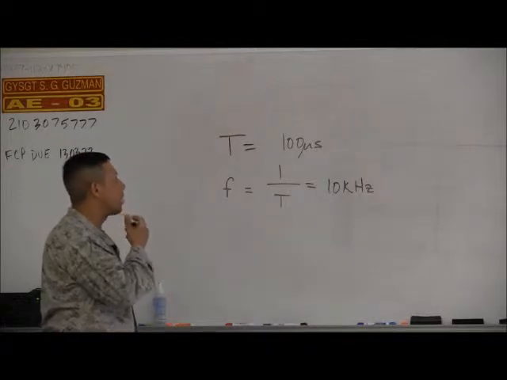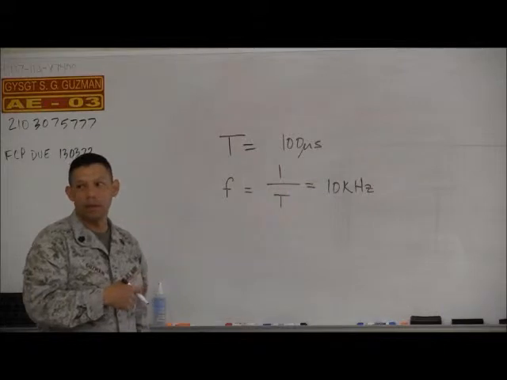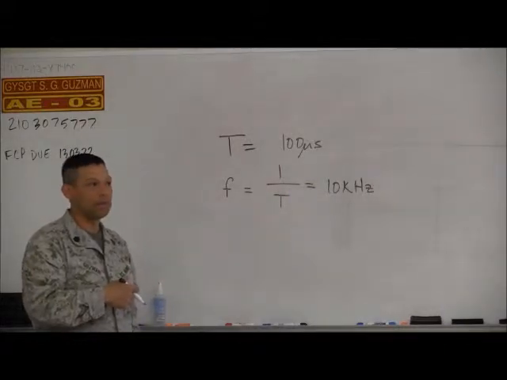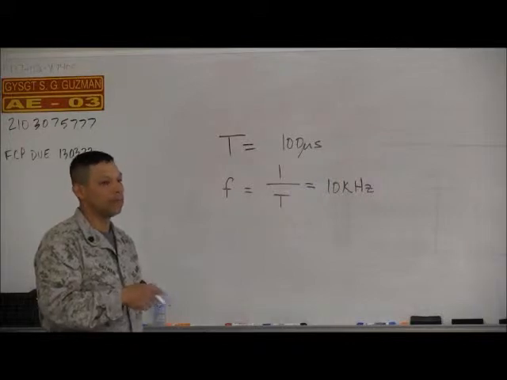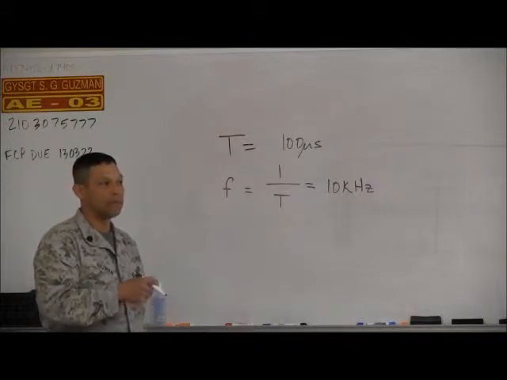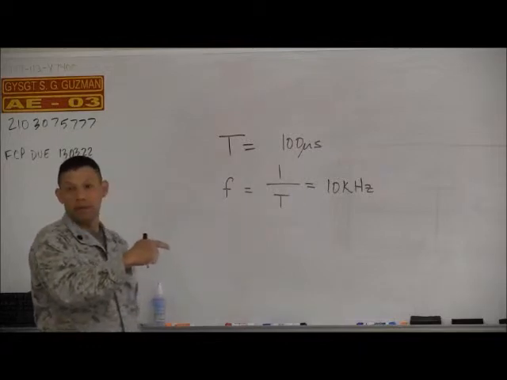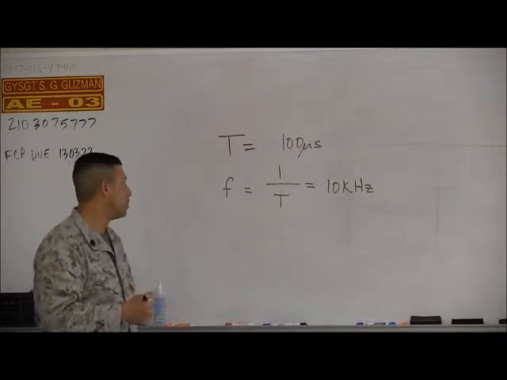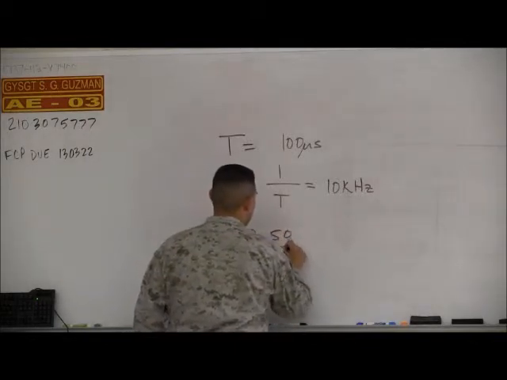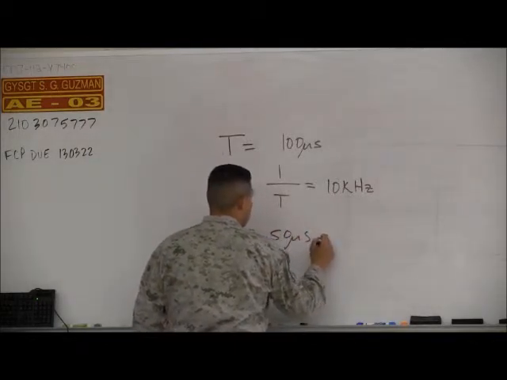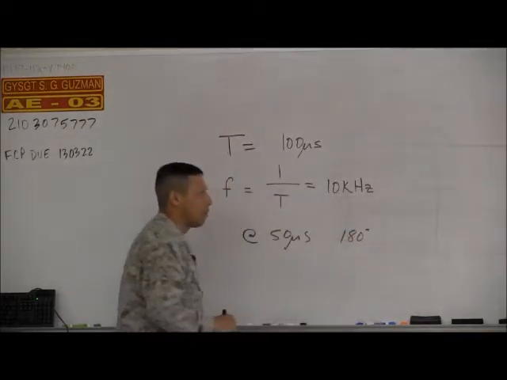So how many degrees would I have rotated at 50 microseconds? I've got 100 microseconds for a complete rotation. 180. Okay. So at 50 microseconds, I will have rotated 180 degrees.